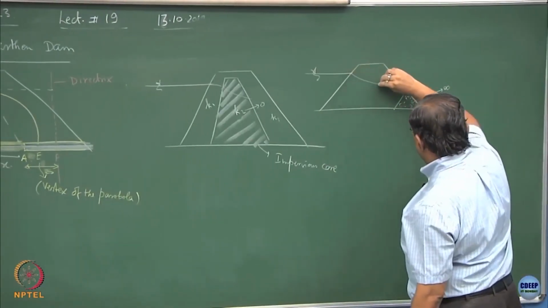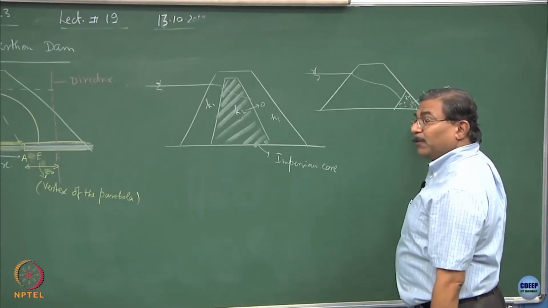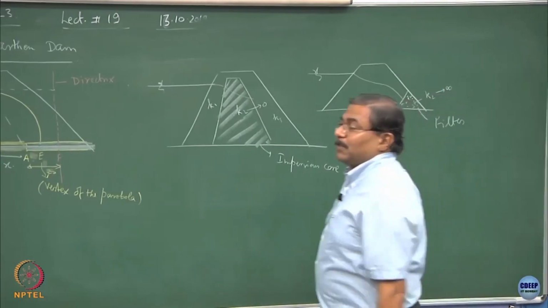Clear? What is going to happen? The top flow line will come, hit across this, and then enter into K2. Whether it will enter into K2 or not is a big question.